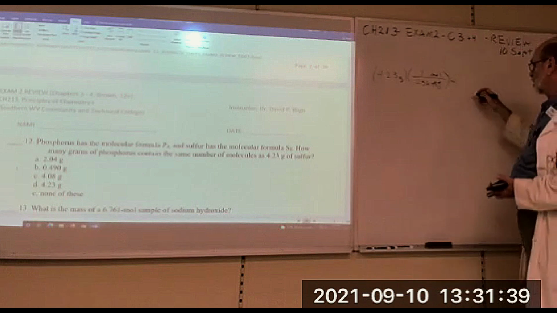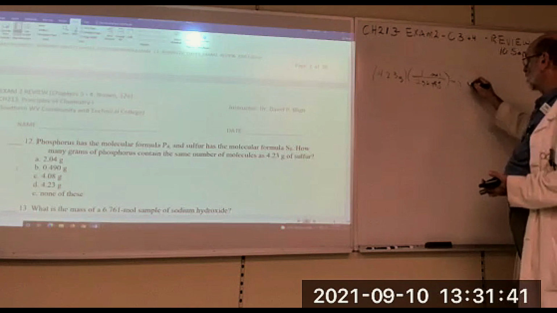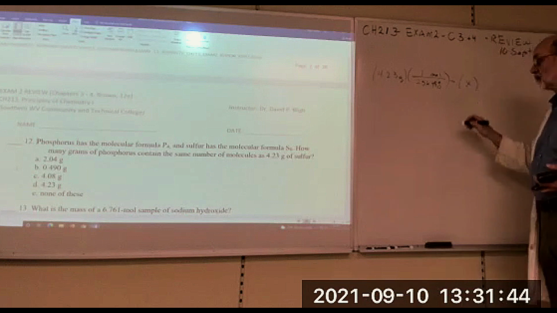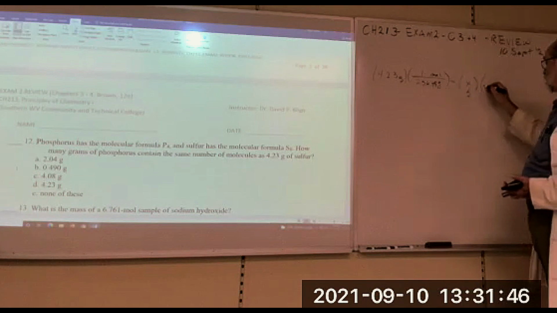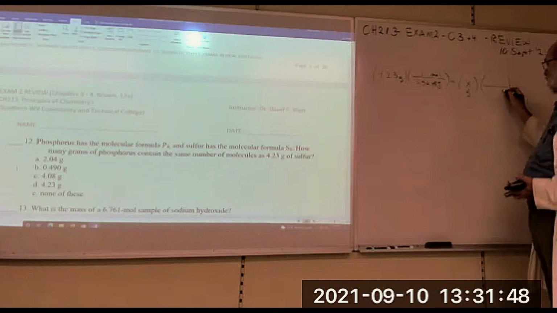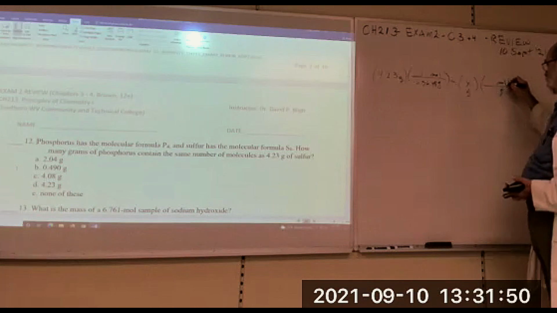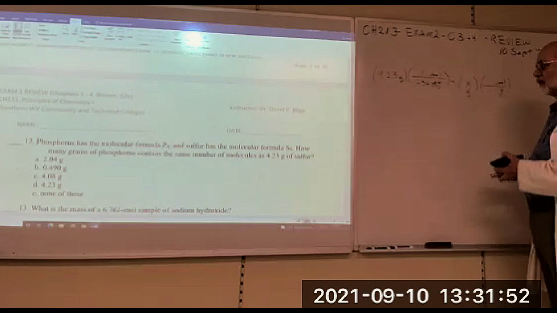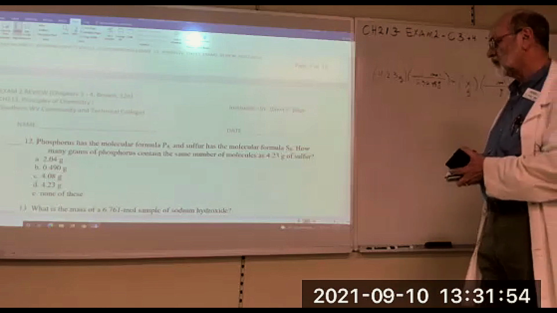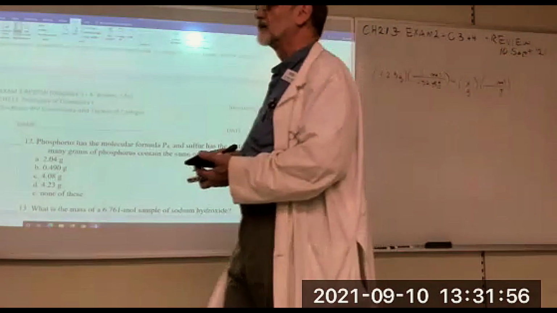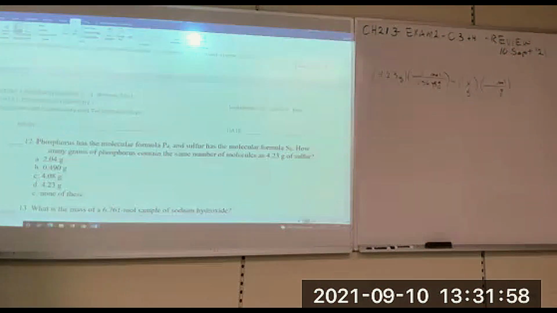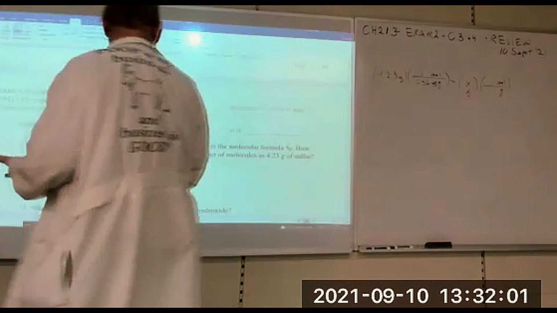How do we calculate phosphorus? Well, this is going to be the unknown grams, and then we just put in here grams per mole. And then we need sulfur, 8 times sulfur, 32. Did I do that one already? Yeah.